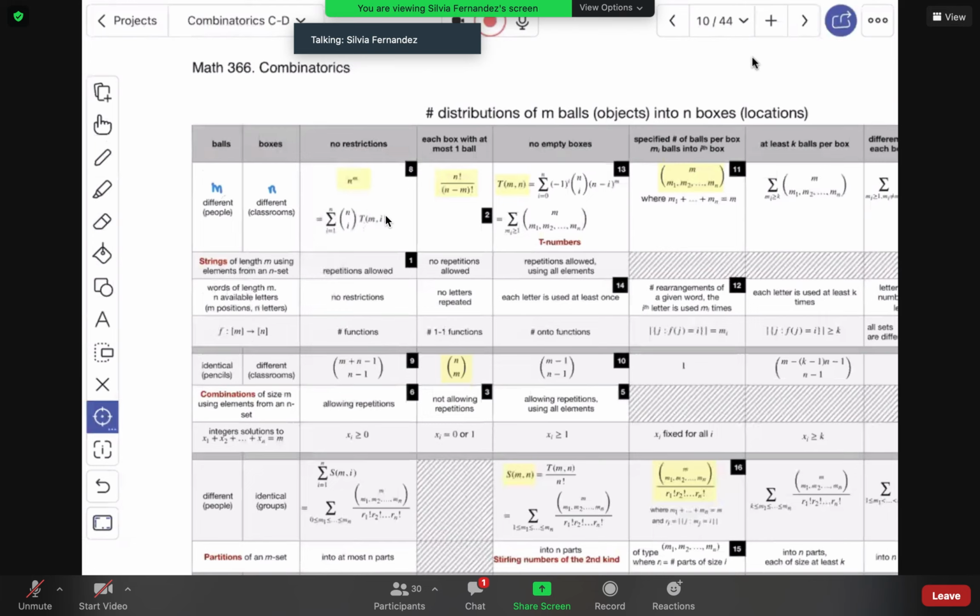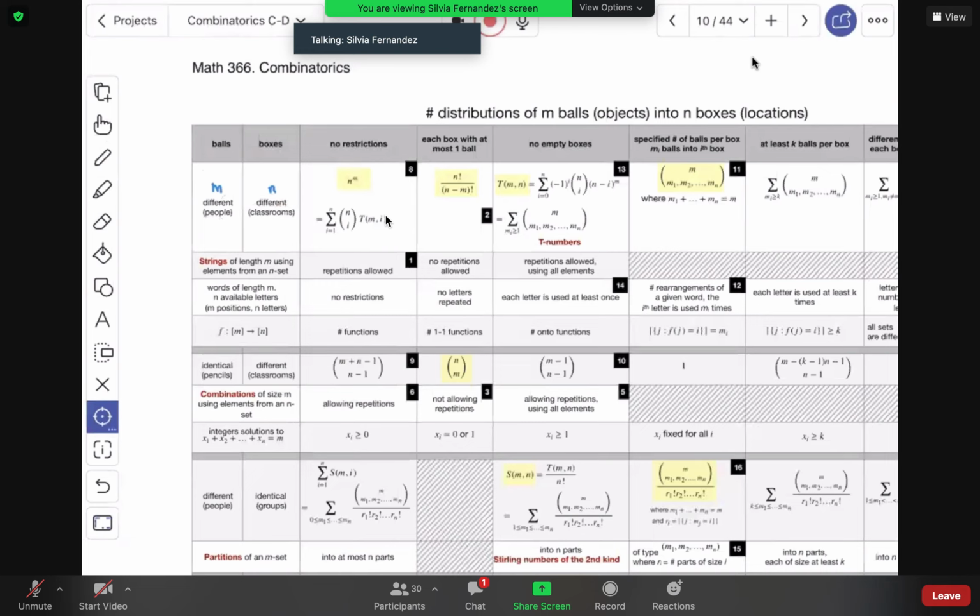So that's the same as thinking about the boxes as the letters. Think about it as having n equals 26, for example, all the letters of the alphabet, and you're looking for words of length 10, let's say. Because you allow repetitions, you essentially can think of having a box with A's, a box with B's, a box with C's, and so on.